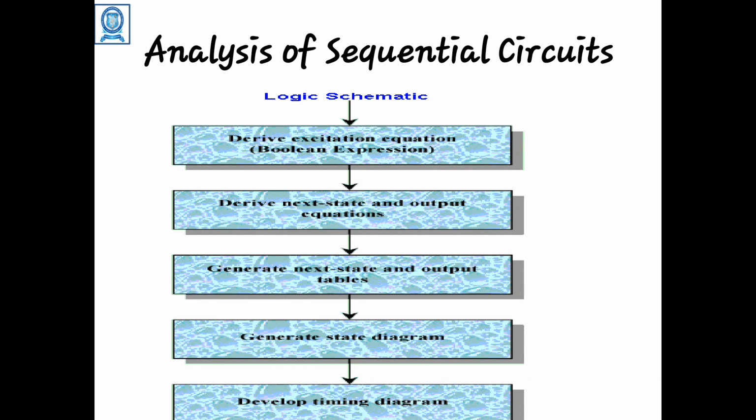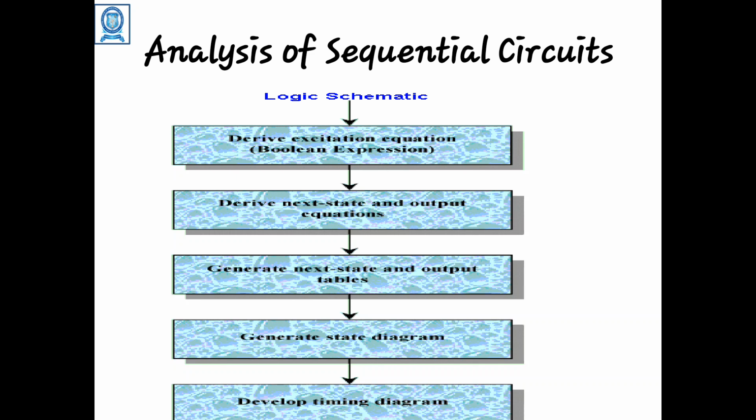After deriving the excitation equations, we move to step number 2, that is deriving the next state, Qn plus 1, and the output equation of the given circuit diagram.